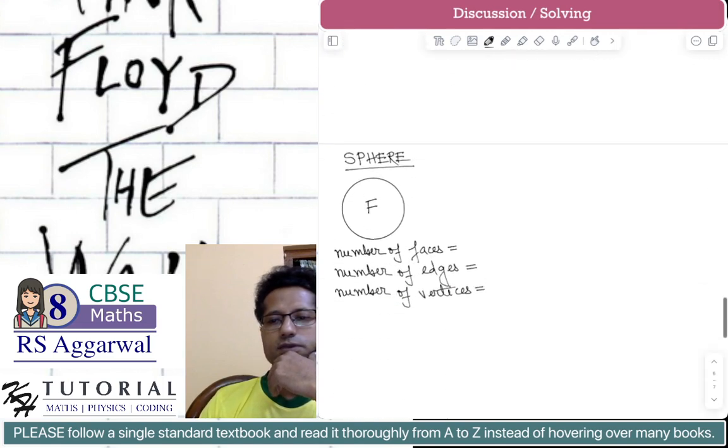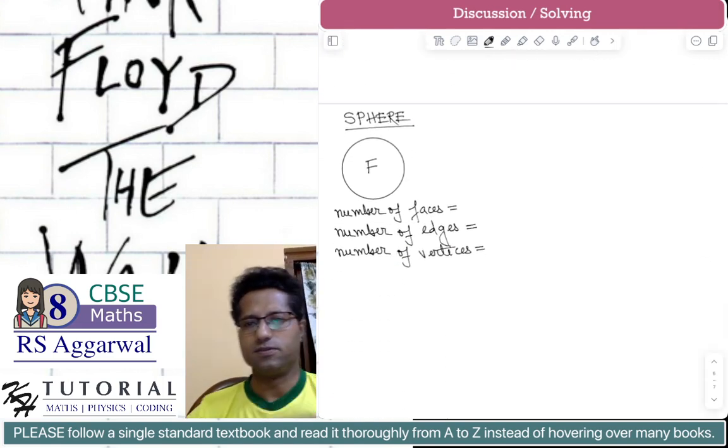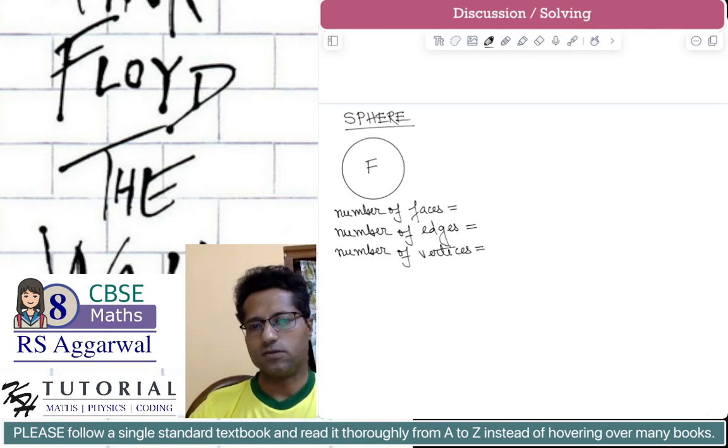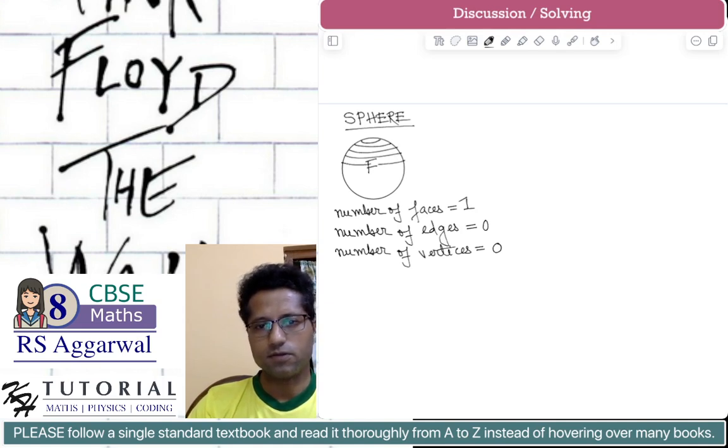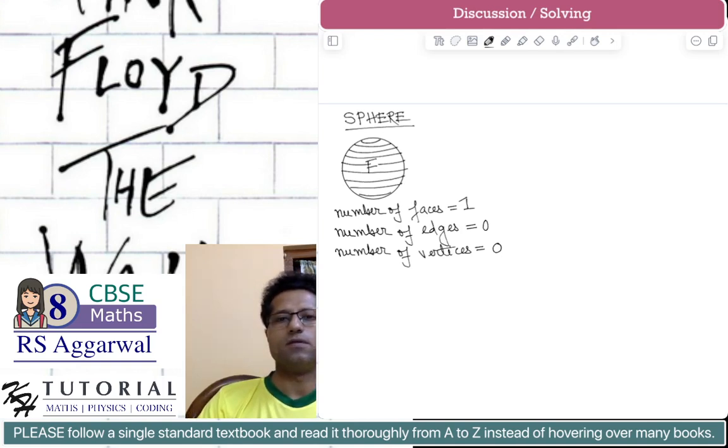And the last one is a sphere. Now a sphere is very simple. It has definitely no vertices, it has no edges, and it has only one face, which is the curved face. So it's a solid sphere. I'm sorry, maybe I'm demonstrating it in a very bad way, but this curved surface is the only surface.